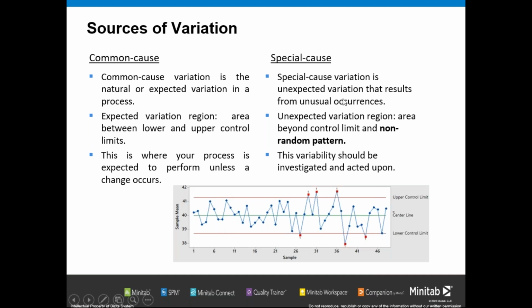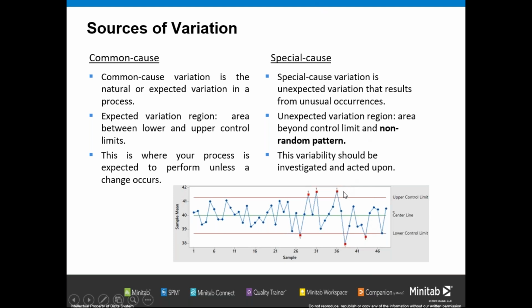And then special cause is unexpected variation that results from an unusual occurrence. Okay, so basically special cause is an unexpected variation region, the area beyond the control limit, and also something that has a non-random pattern inside the expected variation region. This variation should be investigated and often acted on.